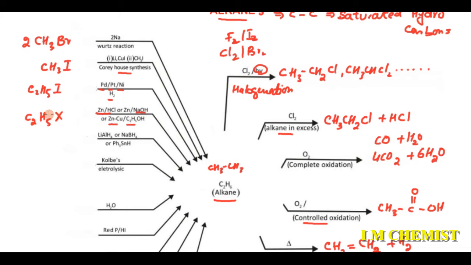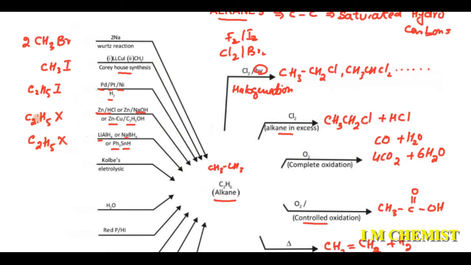This X represents a halogen atom. And in the presence of reducing agents like lithium aluminum hydride, sodium borohydride, and triphenylphosphine hydride, reduction will take place, hydrogen will be replaced with halogens, and again we will get alkyl halides.